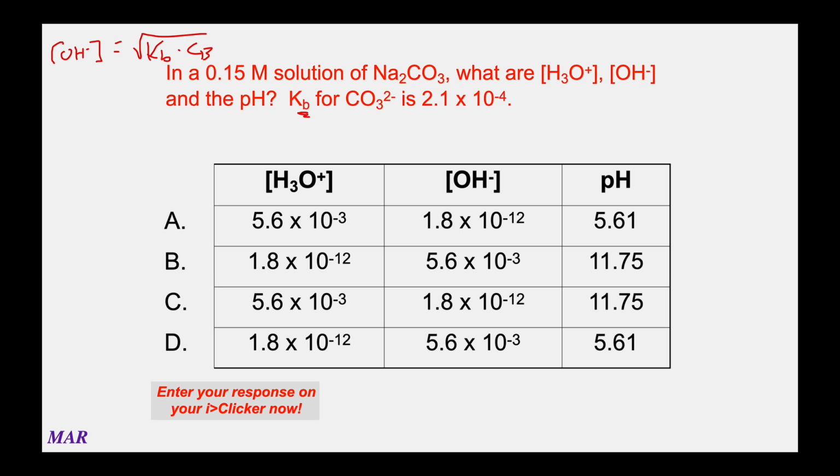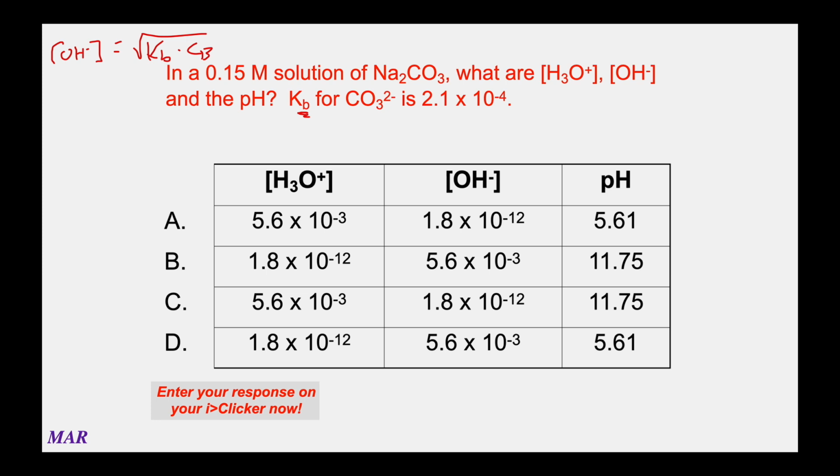You could also use the quadratic formula if you'd like, but that's fine. Once you have hydroxide, there's a couple things you could do. You could find hydronium. Hydronium equals Kw divided by hydroxide. And once you have hydronium, minus log of hydronium will give you the pH.